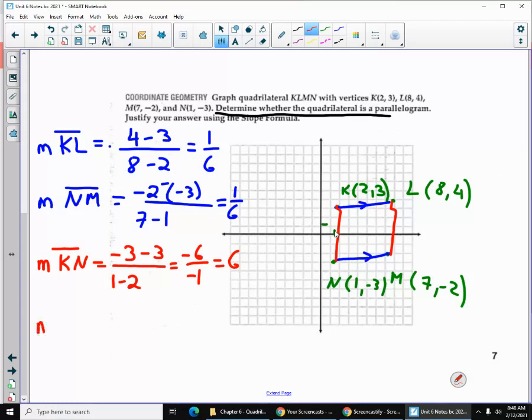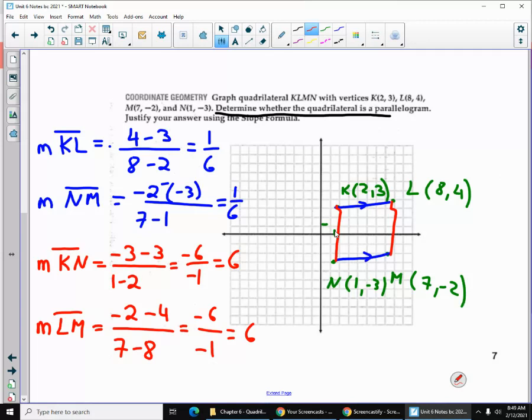Let's find the slope of segment LM. In this case, it will be -2 minus 4 divided by 7 minus 8, which is -6 over -1. If you simplify this, it becomes 6.